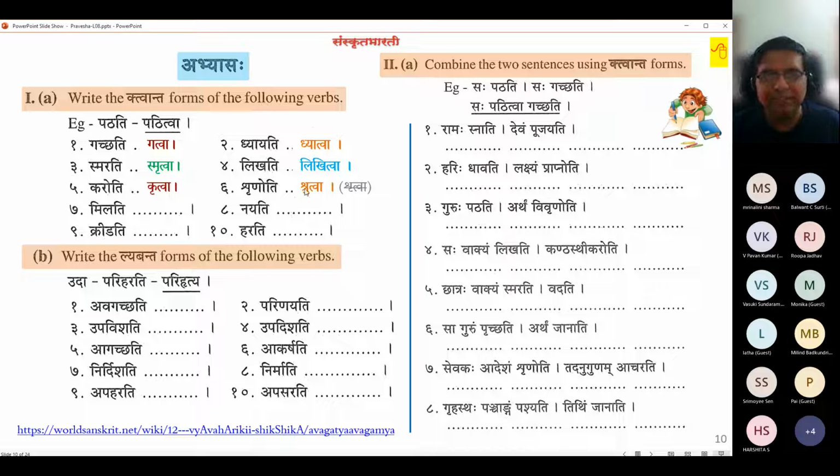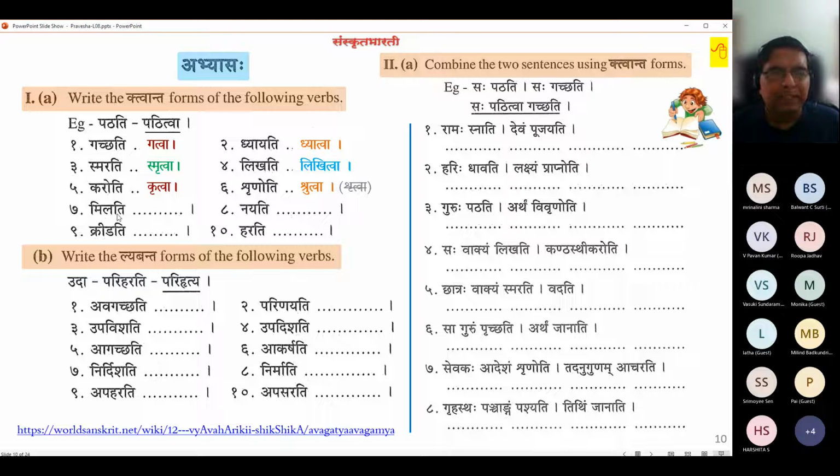It is sh with repa u, shrutva. Not shritva, it is shrutva. This is a technicality, please remember. You can very easily misspell it this way: sh plus r, which is swara r. No, it is sh plus repa plus u, shru.